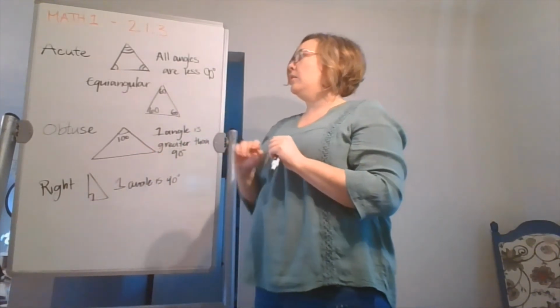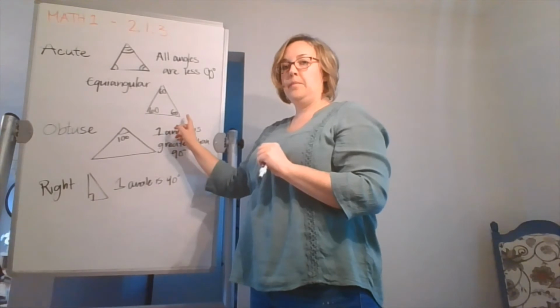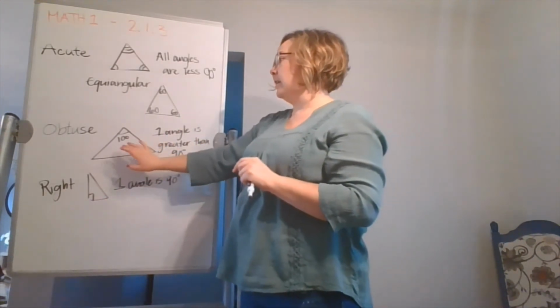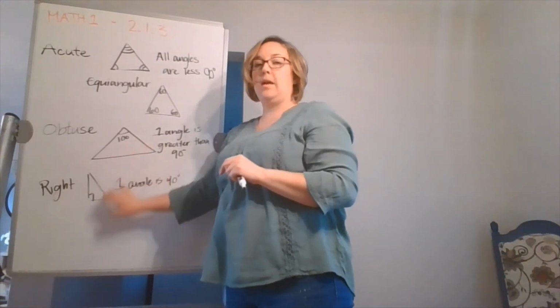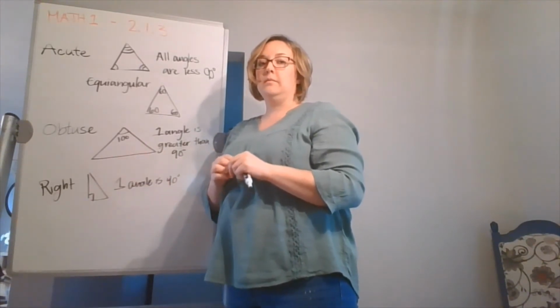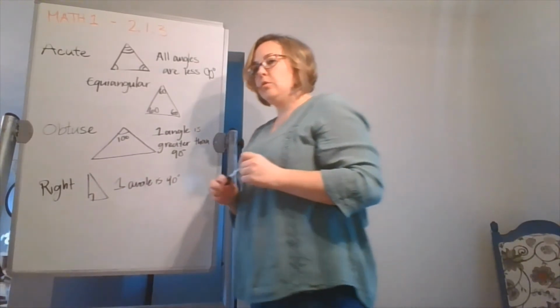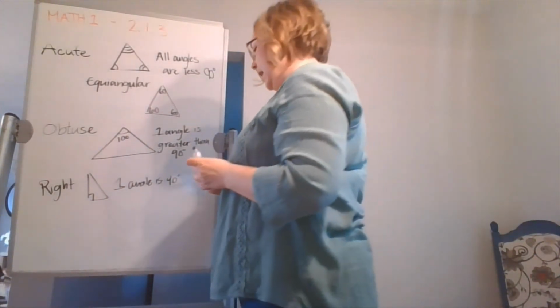You can have up to three acute angles, only one obtuse and only one right angle. And there cannot be an obtuse and a right angle in the same triangle. They are separate, never in the same. Those are the types of triangles based off of their angles.